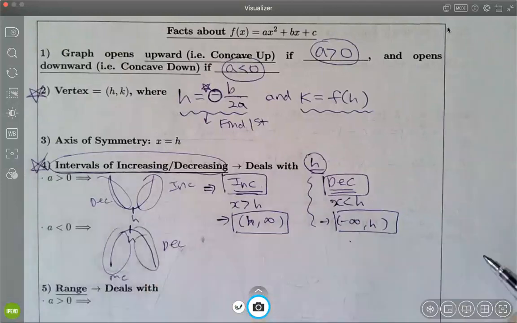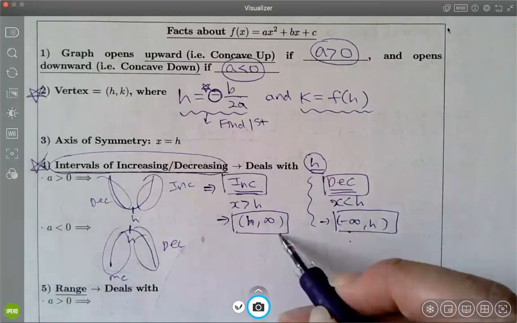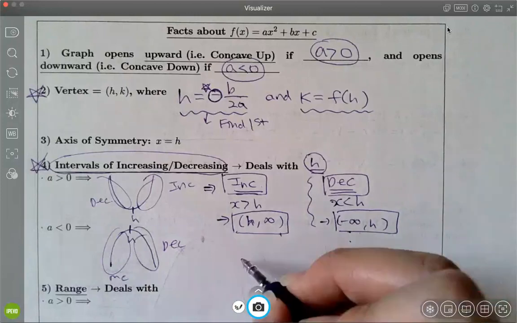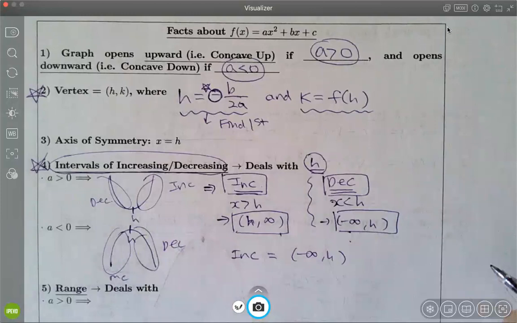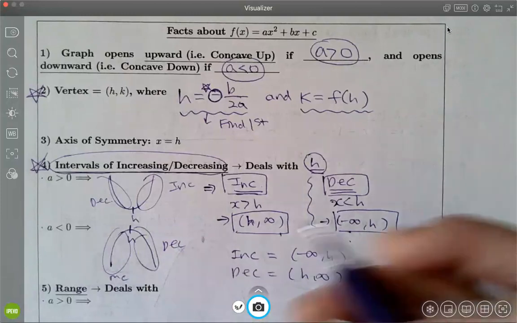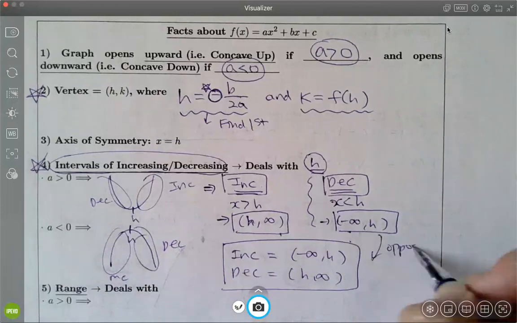That becomes increasing, and that becomes decreasing. So in other words, increasing is now negative infinity comma h, and decreasing is h comma infinity, which is the opposite of the previous case.